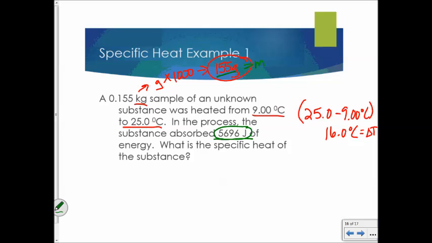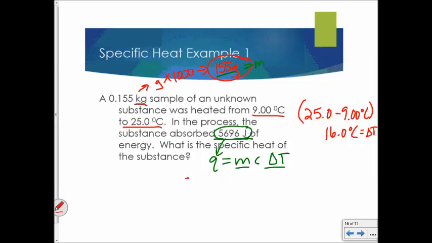Something in a heat measurement. Well, there's only 2 other ones here. We used m, we used ΔT. What are the other 2 variables? C or Q? Which one has only the joule as its particular unit? Q. So this value is really our Q value.